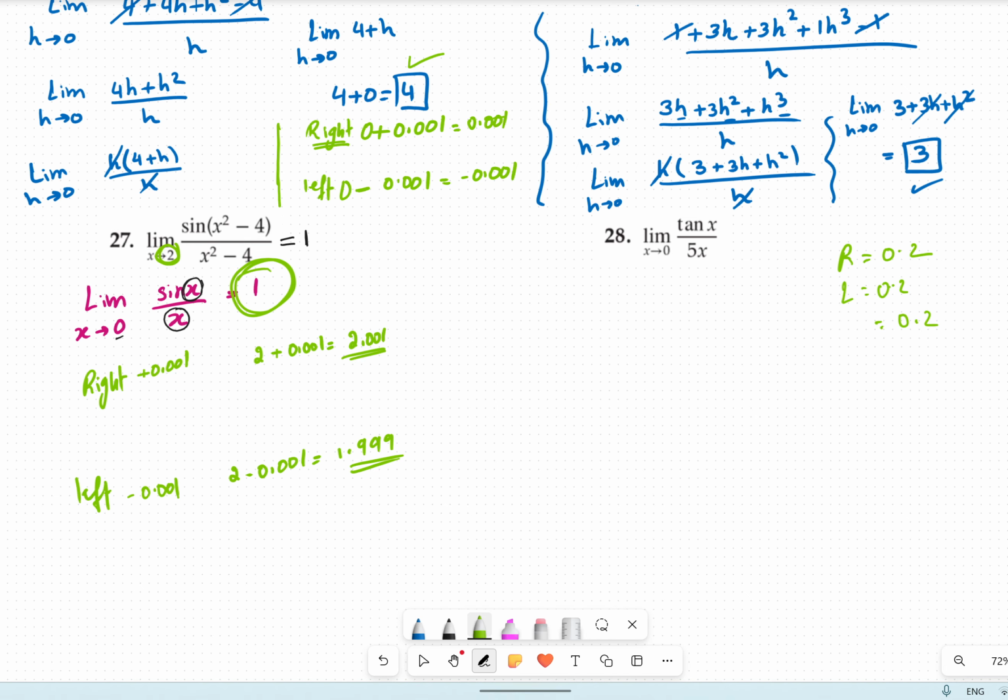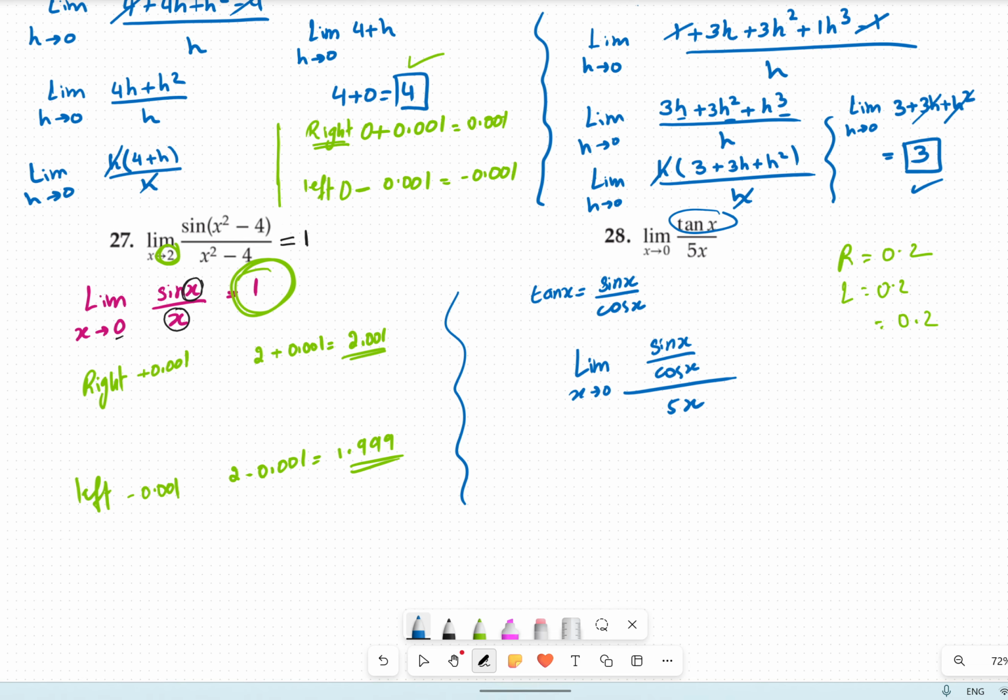Okay, how can I show this by solving this question? Very simply, we know from our trigonometry that tan is the same as sine over cosine. So what I can do is replace tan with sine over cosine. So I will put sine x over cosine x, all of it over 5x.